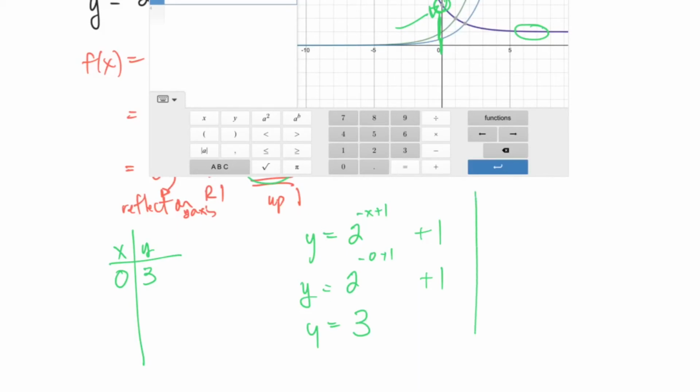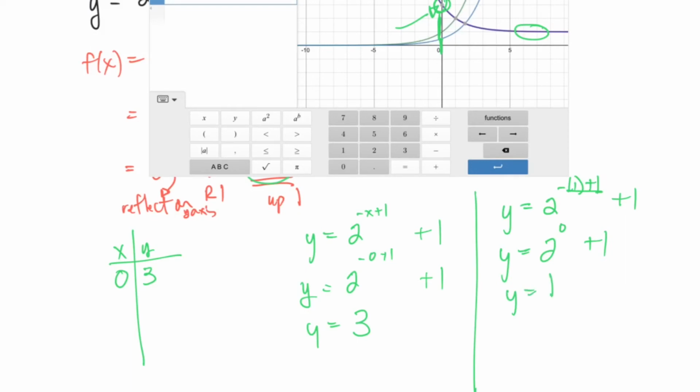Okay, now let's pick another value for x. Let's try 1. 1 might be a good one. So y is equal to 2 to the minus 1 plus 1 plus 1. So minus 1 plus 1 is 0, so it would be 2 to the 0 plus 1.